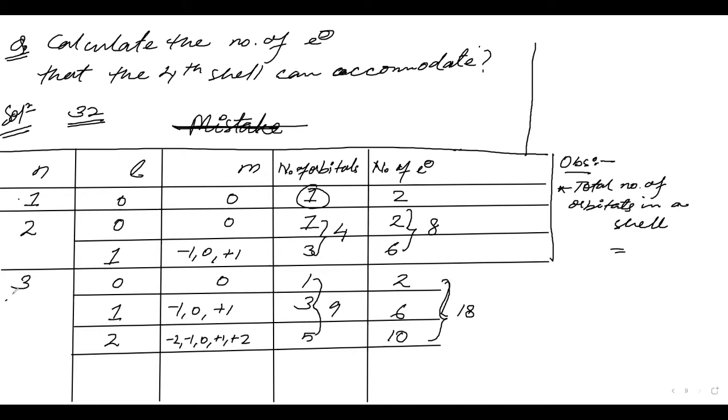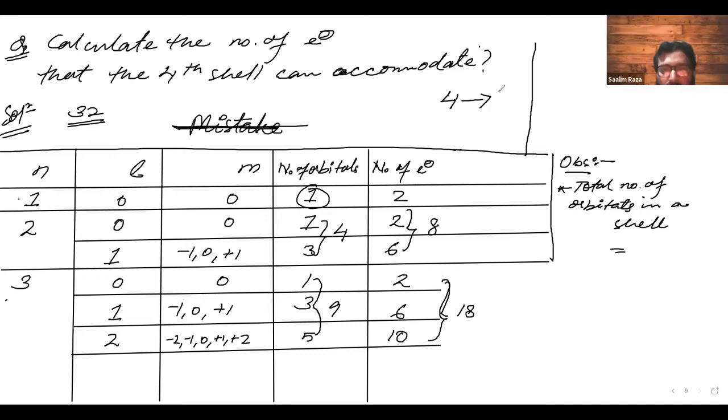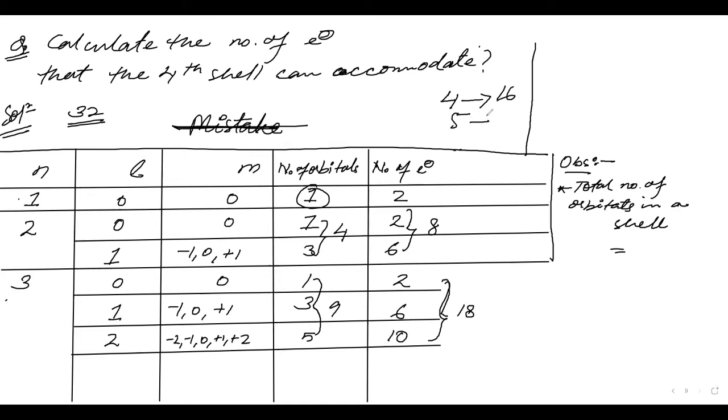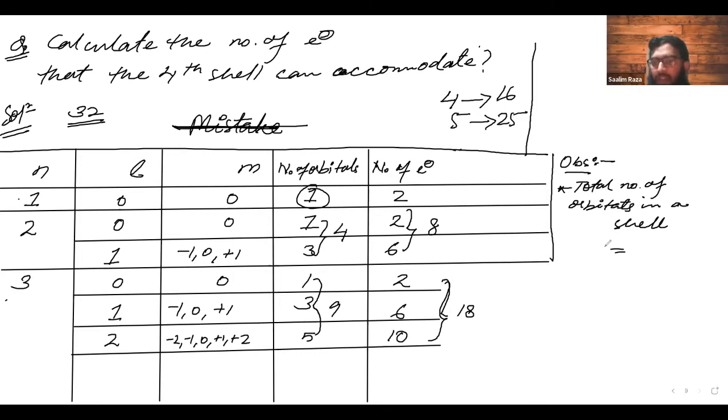For the third shell? 9. For the fourth shell? 16. Very good. For the fifth shell? 25. So what will be the formula? It is not a formula, it is an observation. It will be n square. Very good.